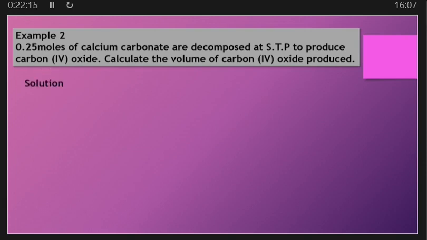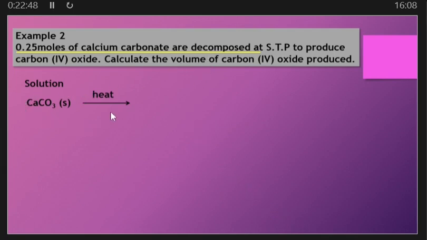So to begin our solution, we are told that 0.25 moles of calcium carbonate are decomposed. So calcium carbonate is written as CaCO3(s), since it is a solid and it is going to decompose. To decompose means it is going to break into two substances, because decomposition requires heat.